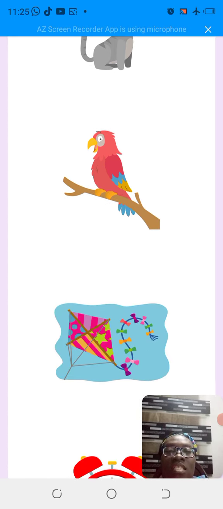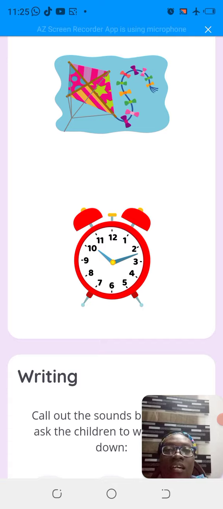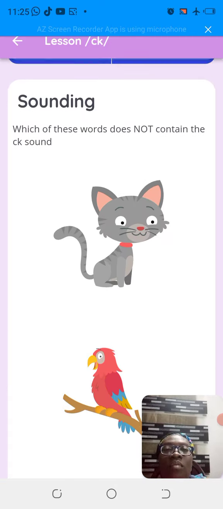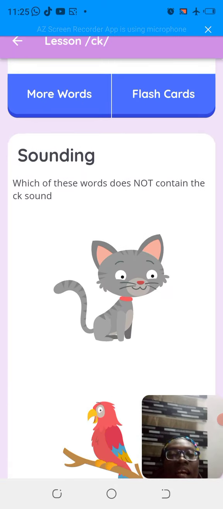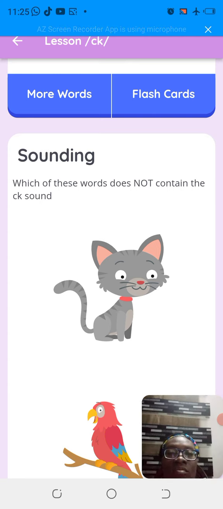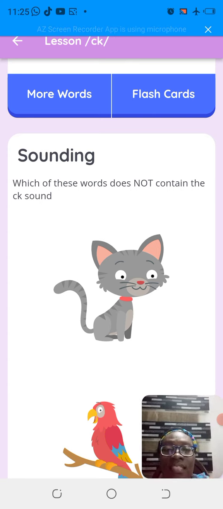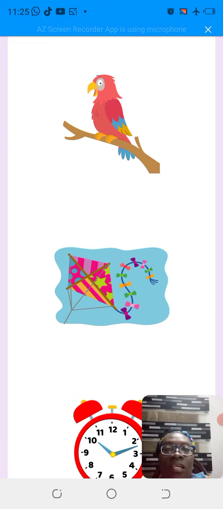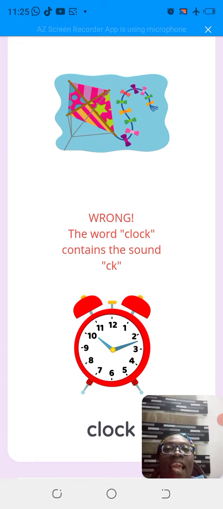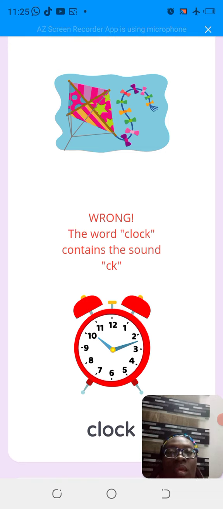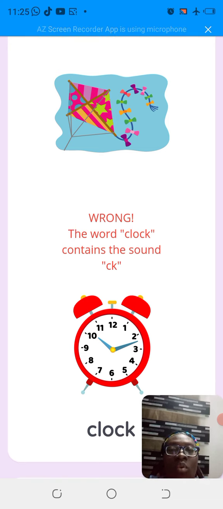Which of these images have the k sound? We have the first one, which is cat, with a curly k, that's letter C. Then we have the kite, which is the kicking k.